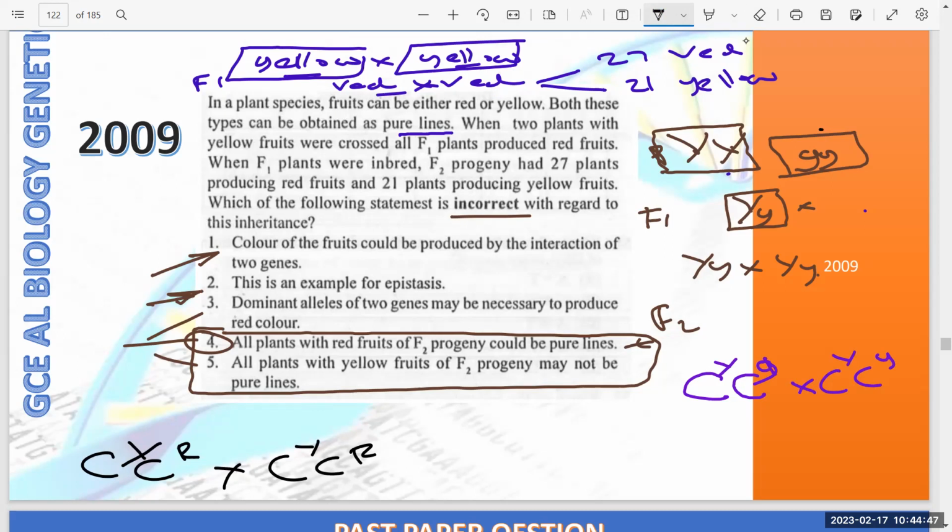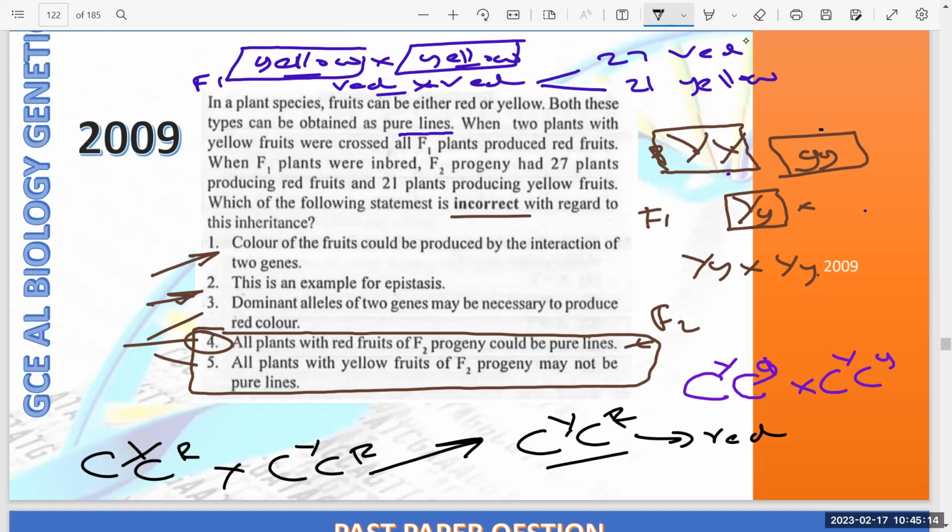So with codominance and incomplete dominance like things, we can also get something. So this is yellow and yellow. When we cross this one, C, Y, we have a CR. So we have a CY, Y and R. Now Y and R can give the red color. Right?